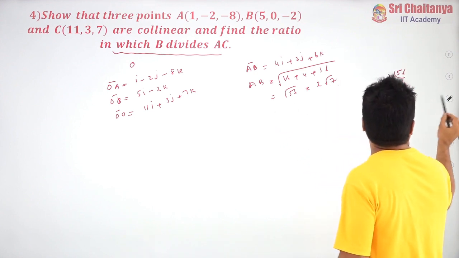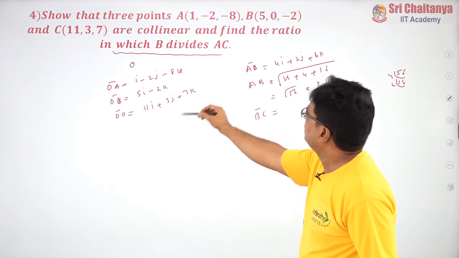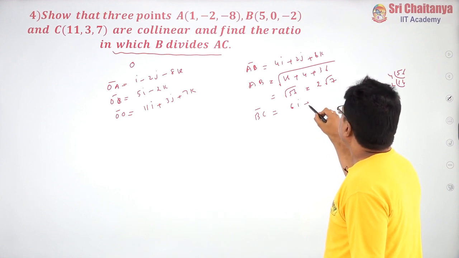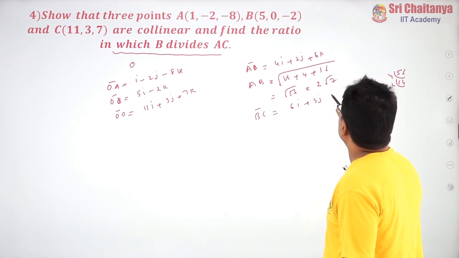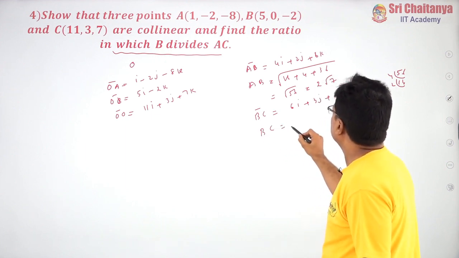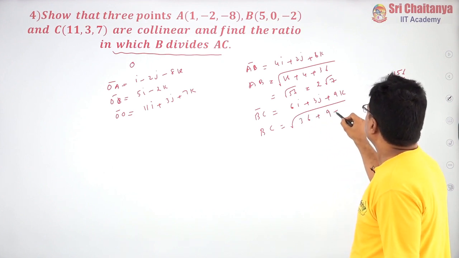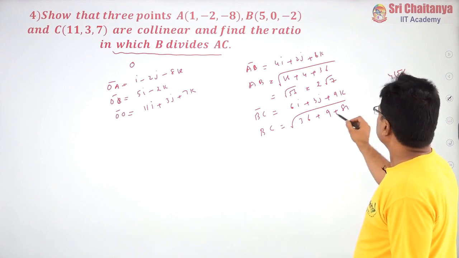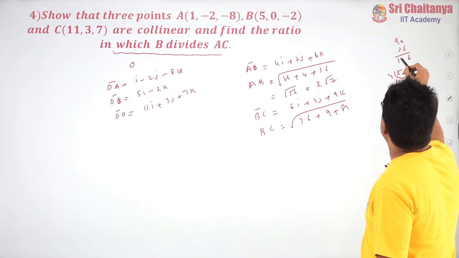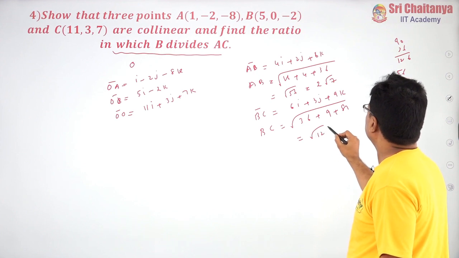So BC bar, that is OC bar minus OB bar, that is 6i plus 3j plus 9k. Then what is my BC? Root of 36 plus 9 plus 81. So this is 126.